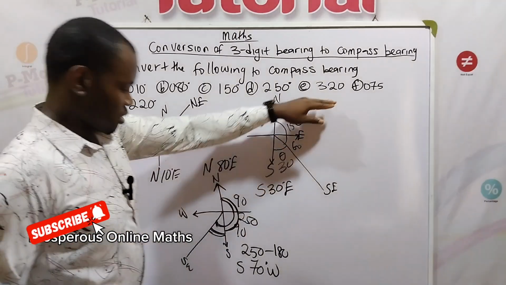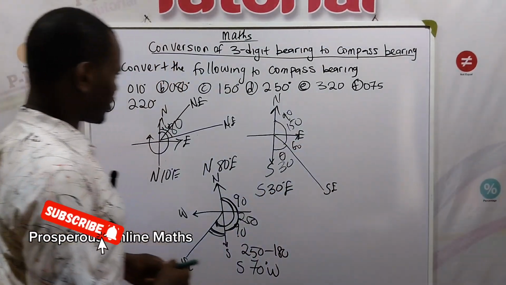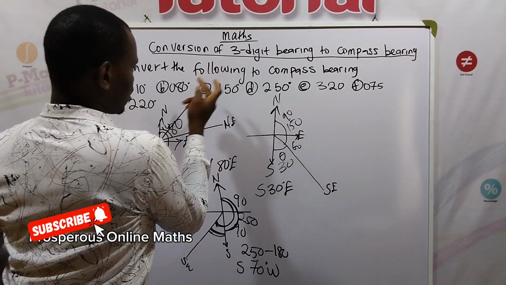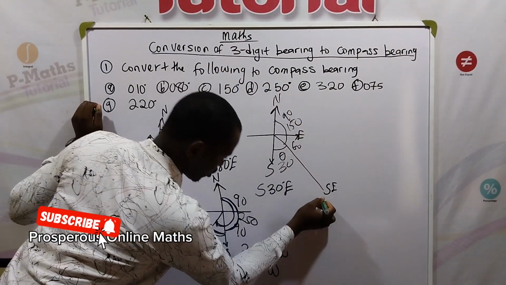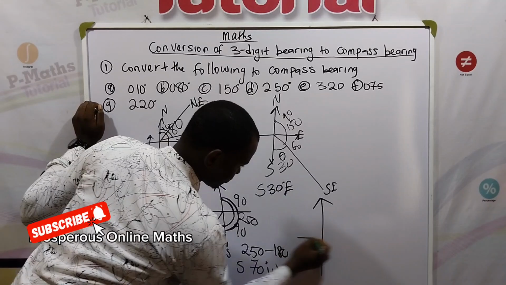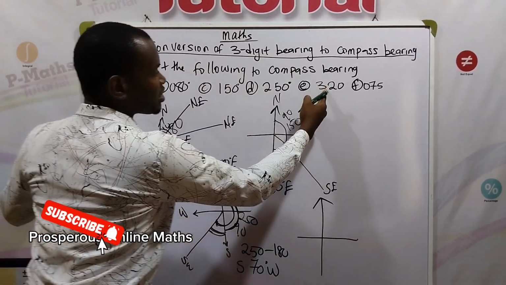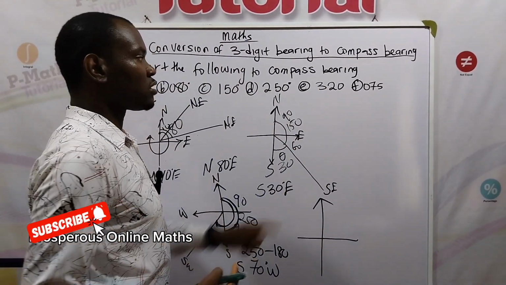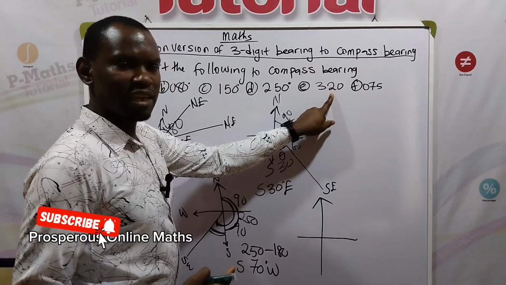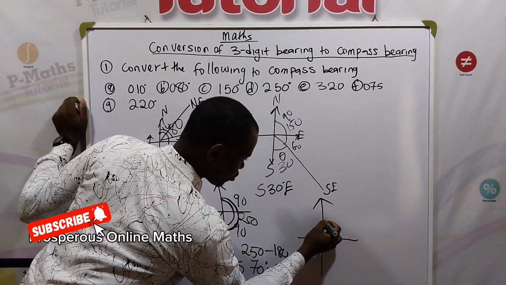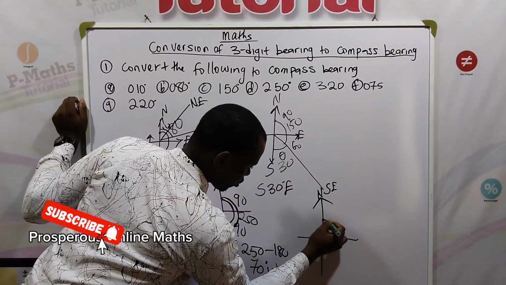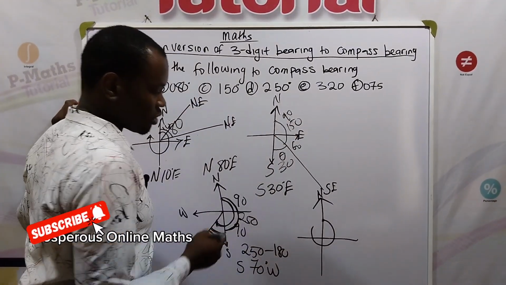Let's consider the fifth one. I have 320. Draw your cardinal points. 320 is above 270. So this angle will definitely enter the what? The fourth quadrant. We move from the north pole, this is our north pole, until we enter the fourth quadrant.